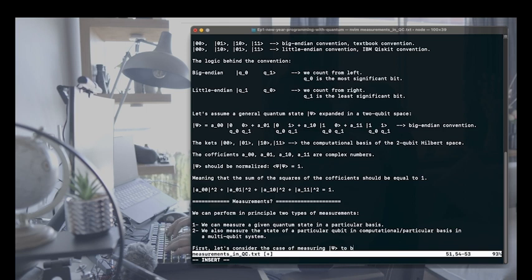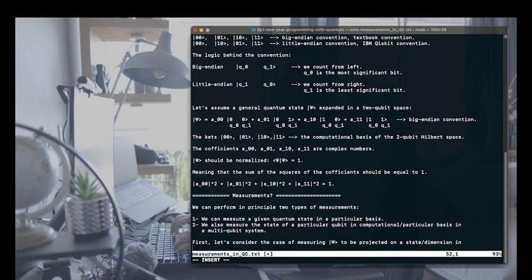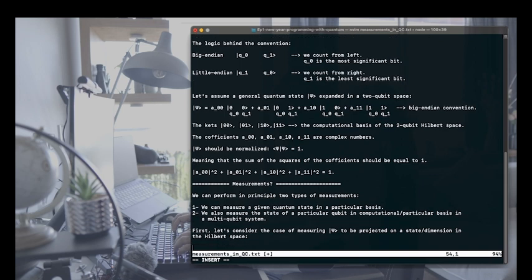And we want to measure how this ket psi, when we do the measurement, is found projected on a given state or dimension in the Hilbert space. So what is the probability to find, for example, ket psi projected in the dimension 00, or in the dimension of ket 01, or in the dimension of ket 10, or in the dimension of ket 11?